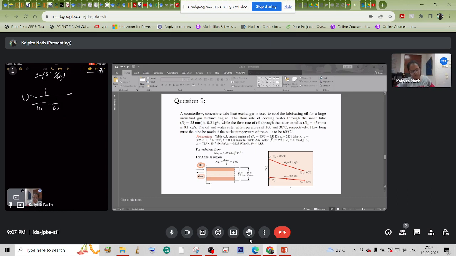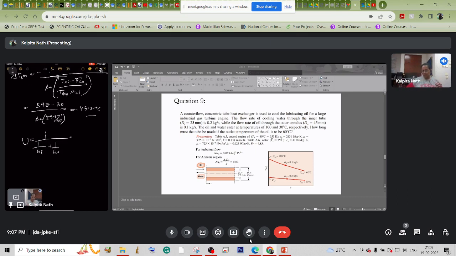Now, to calculate how long the tube must be, for the length we need the heat transfer rate, which we have found, so we need to find the overall heat transfer coefficient.